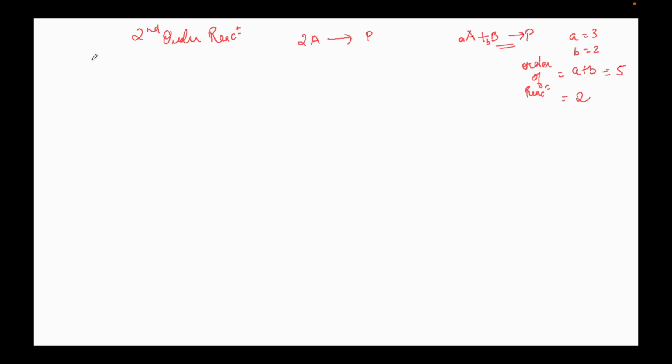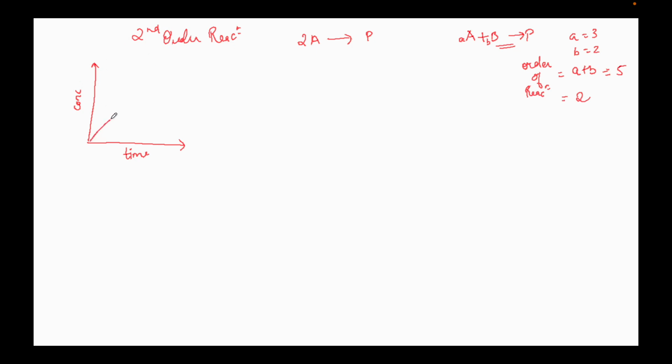Now when we draw a graph for this, on the x-axis we have time, and on the y-axis we have concentration in general. There are two graphs.